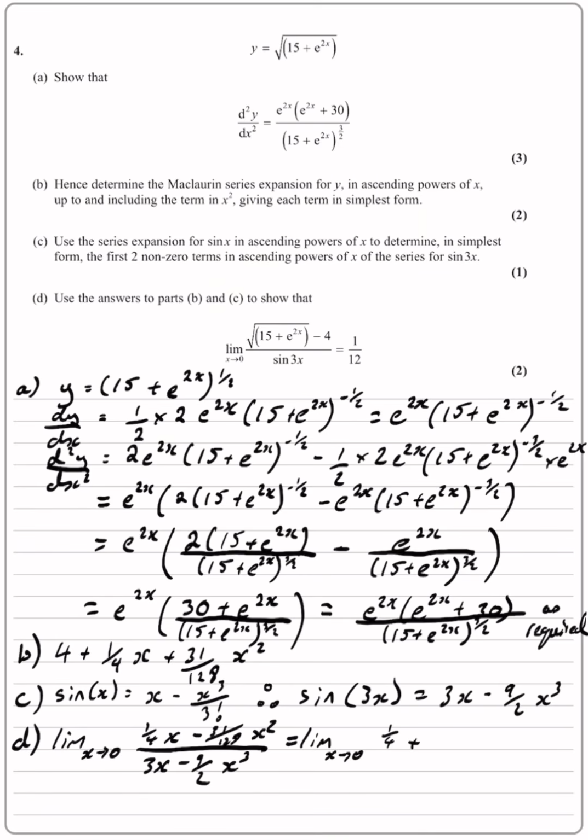We'll get a quarter plus 31 128ths of x in the numerator, and 3 subtract 9 over 2x squared in the denominator. Well, as x tends to 0, the parts involving x are going to disappear, leaving us with a quarter over 3. And therefore, my answer for part D is 1/12. There we go.